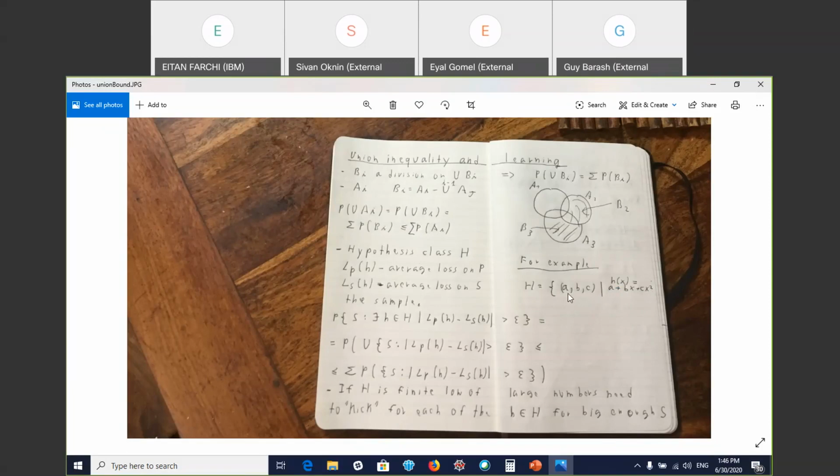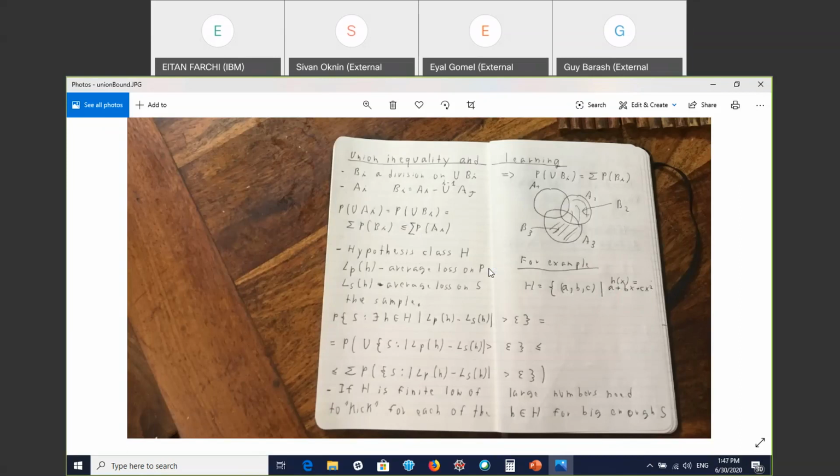Again, I'm looking for the A, B, and C that will be the best model out of that infinite set of possible models. So that's one concept that you need to understand. Now, the other concept we need to understand is the average loss.